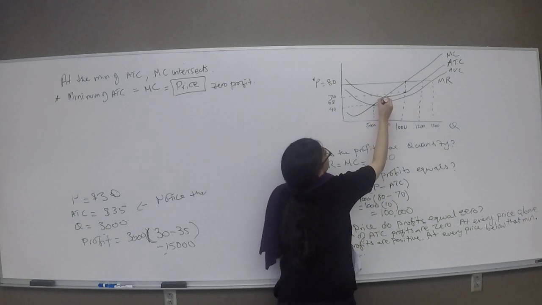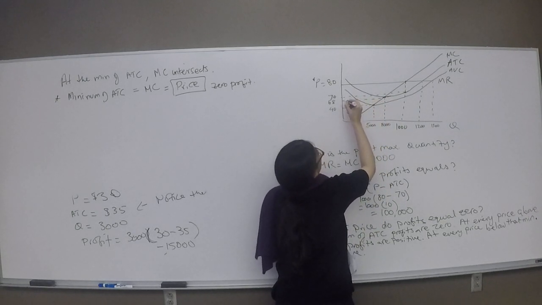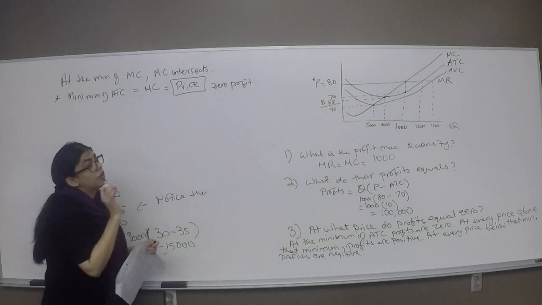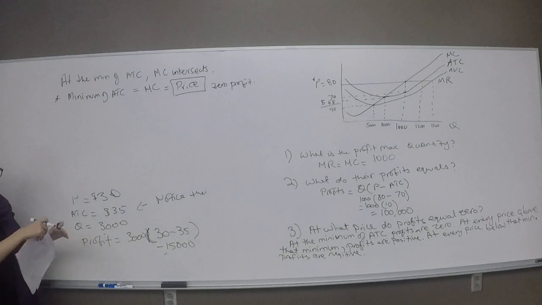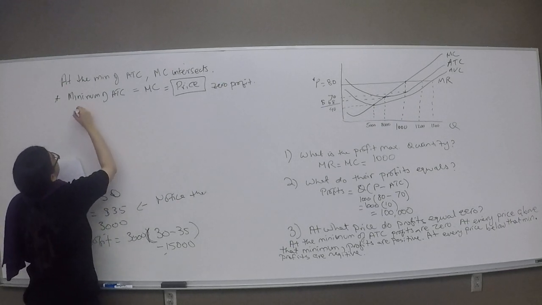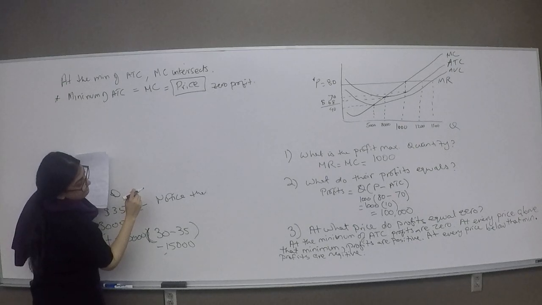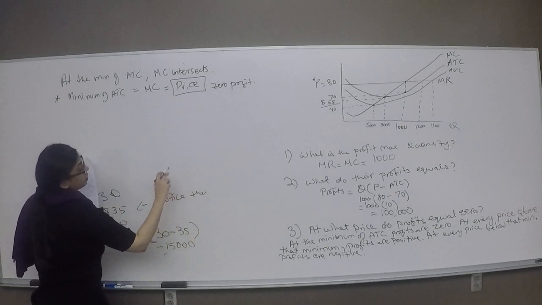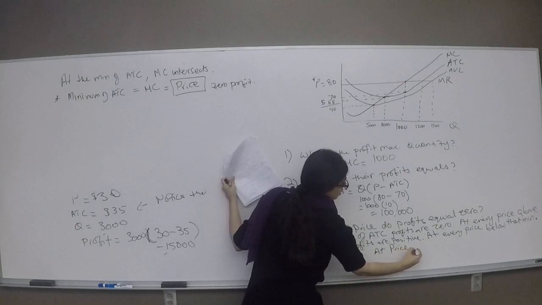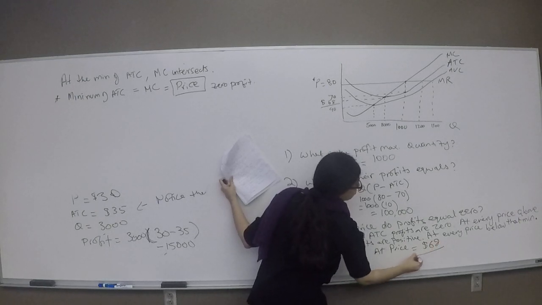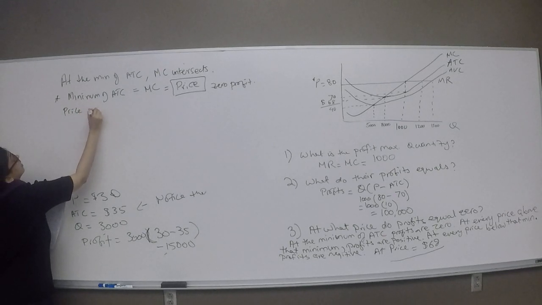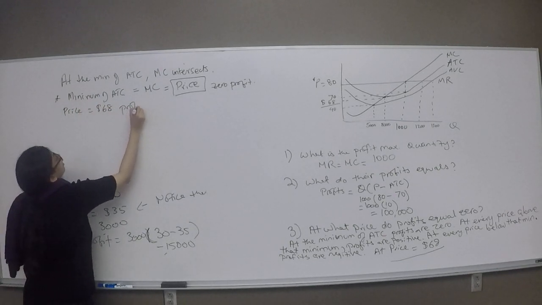The price at the minimum of average total cost, which in this case is $68, is the zero profit price. So to answer question number 3, at price $68, profits are 0.